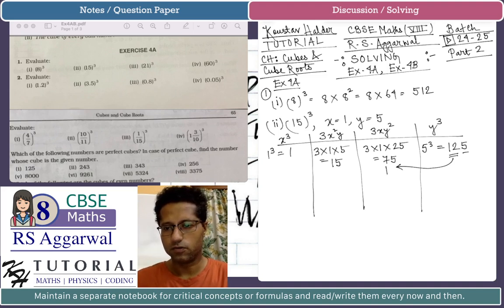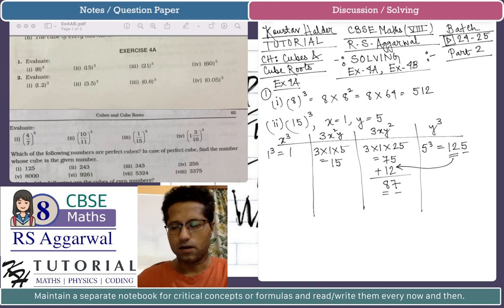So we add 12 with 75 and we get 87. Now in this value of the third column, you mark the digit at the units place, and you see there are more digits. The number formed by the more digits apart from the units digit 8, you have to add with the value of the previous column.